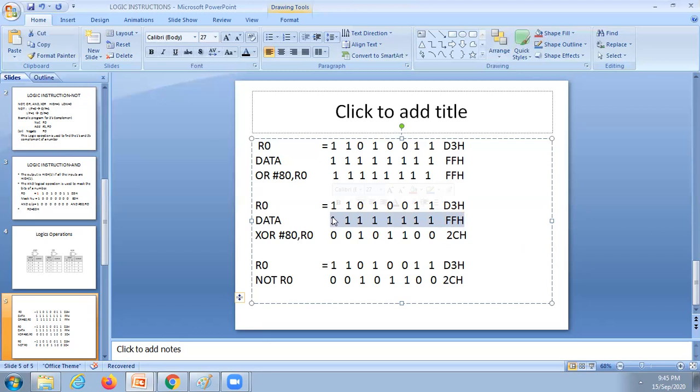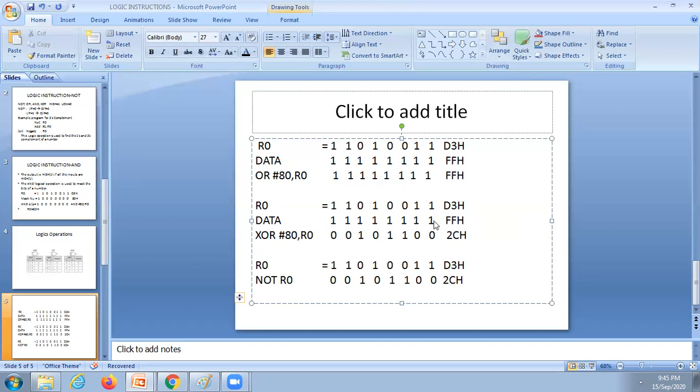Is it clear? Here the XOR operation will act as a negate operation if the data you are applying is all ones.